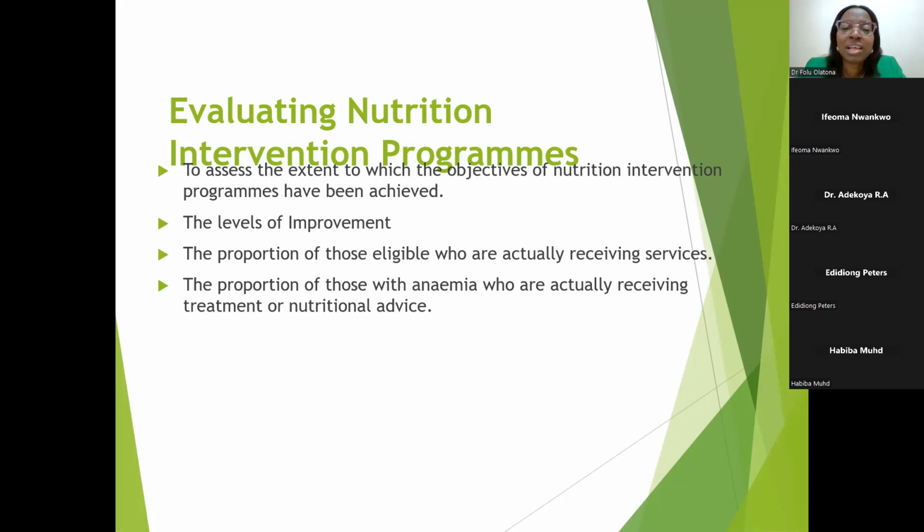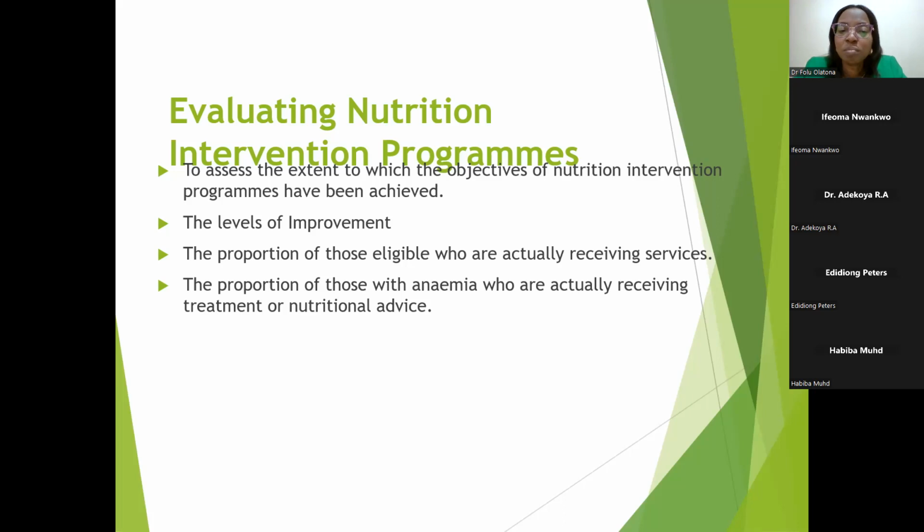The proportion of those eligible who are actually receiving services matters. Like I said, how many people receive the iron tablets, how many people receive the zinc tablet, how many people signed up to be drinking smoothie and eating sweet potato, or to sign up for exercise to manage obesity.